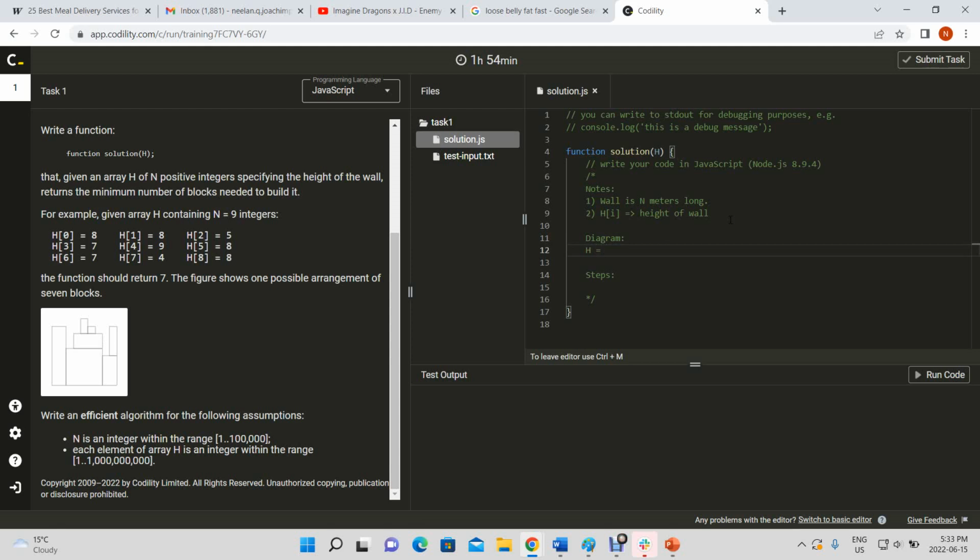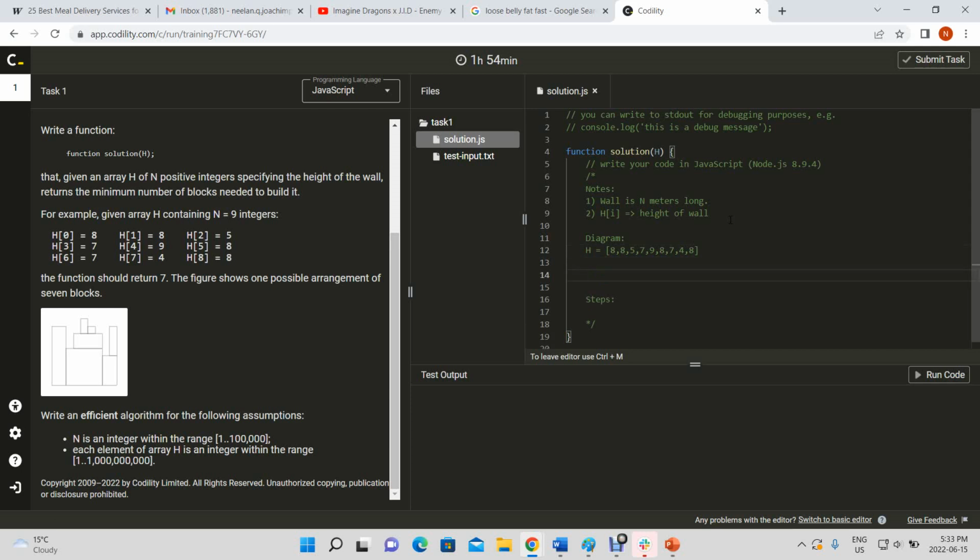H is equal to an array, and that first element is 8, 8, 5, 7, 9, 8, 7, 4, 8.